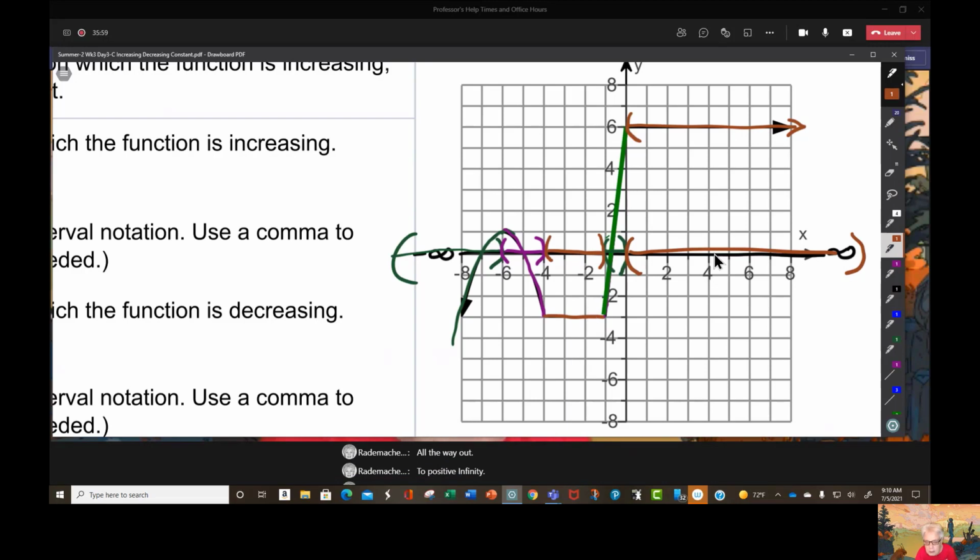So we have 2 browns, 2 greens, but only 1 violet.